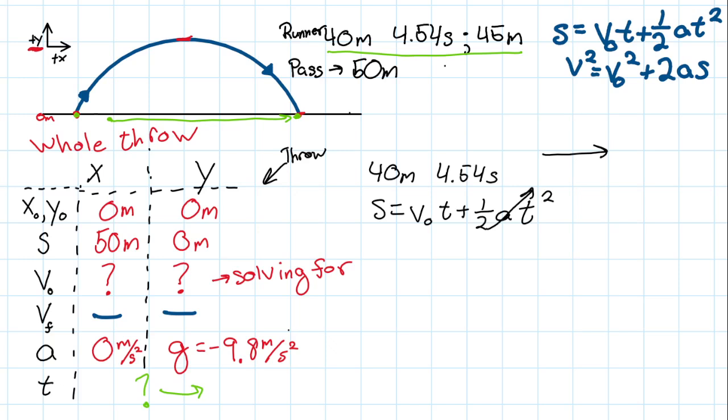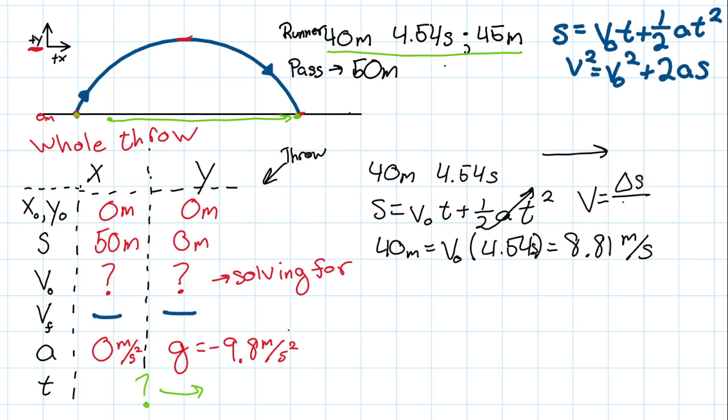Then we know s being 40 meters is equal to v0, which is what I'm trying to solve for, basically the running speed of the runner, times t, the time, which is 4.54 seconds. That's going to give us 8.81 meters per second. Now, I know a lot of people used v = Δs/Δt. Literally, it's the same thing.